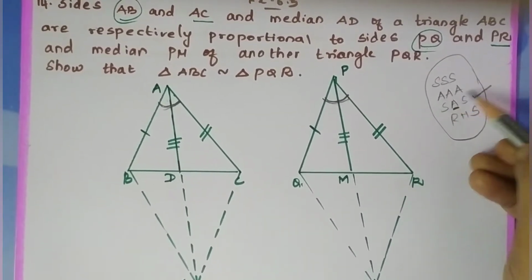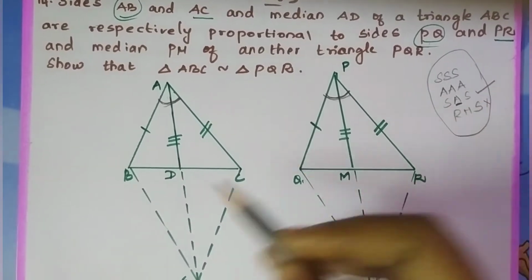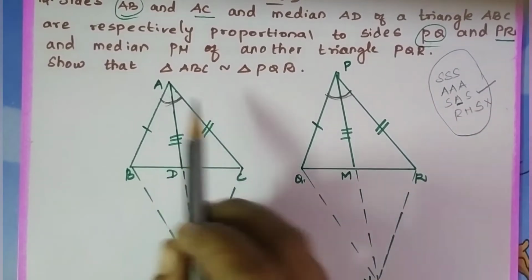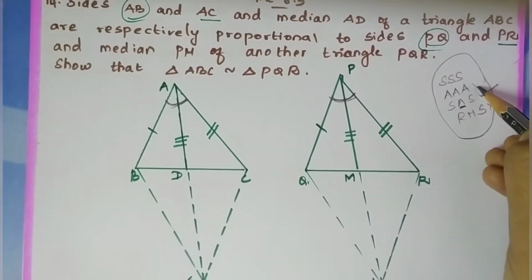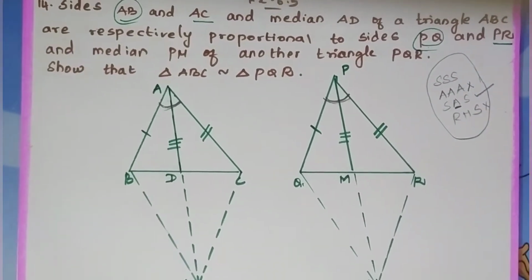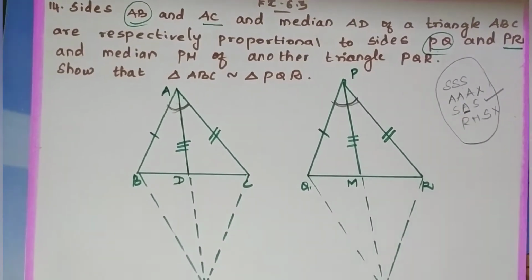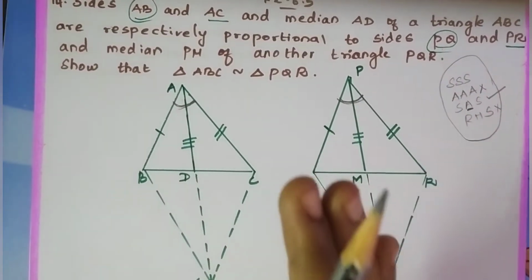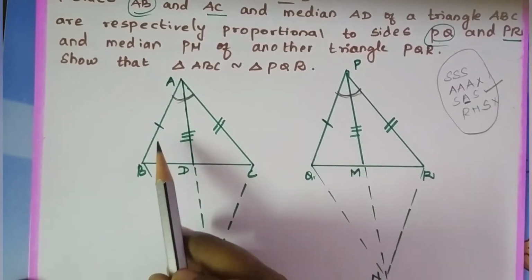Next, AAA. Three angles must be equal. Here they didn't mention anything about the angles, so I'm not going to use this one. And then SSS means the three sides must be proportional.